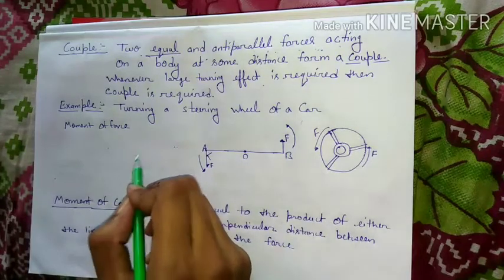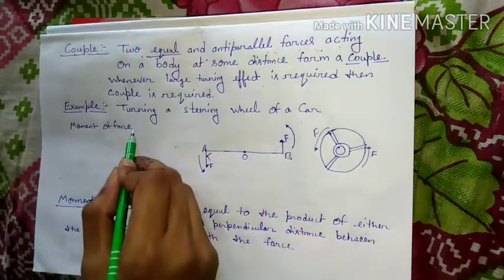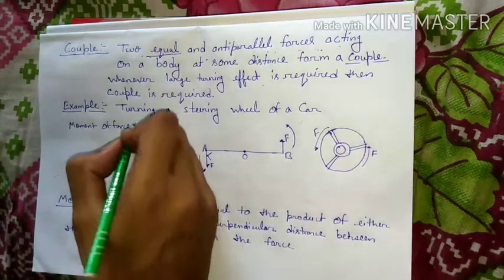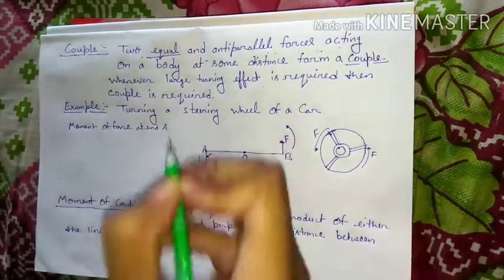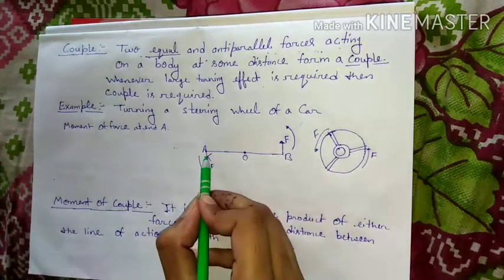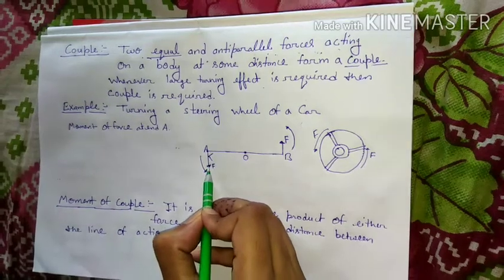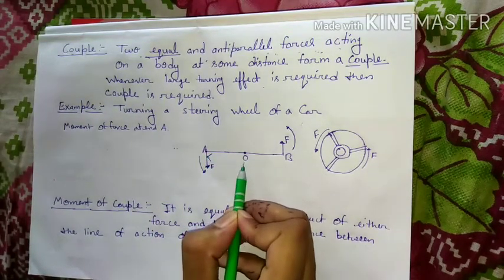And for the couple, first we have to find the moment of force at A. Moment of force at end A. In the previous slide we discussed that moment of force is the product of force and distance from the line of axis.